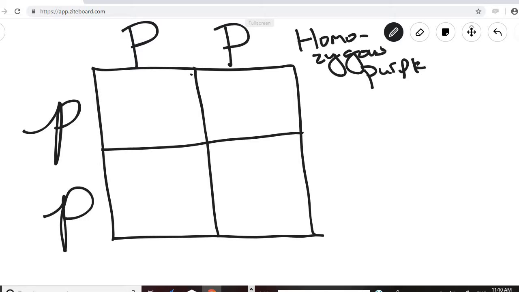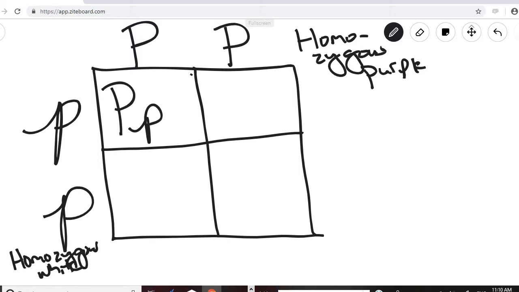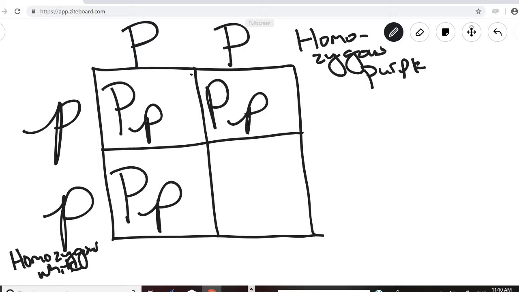So this would be homozygous white. In these boxes, we're going to get information about what the offspring would look like. All you do is match up. So for this box, it would be a capital P and a little p. This one would be capital P, little p. This would be capital P, lowercase p. And this one would be capital P, lowercase p.